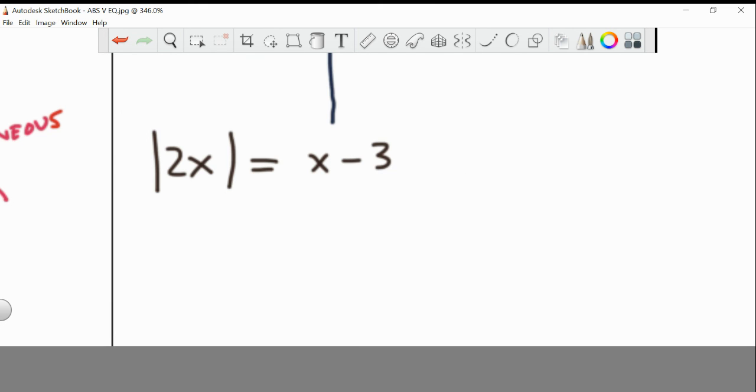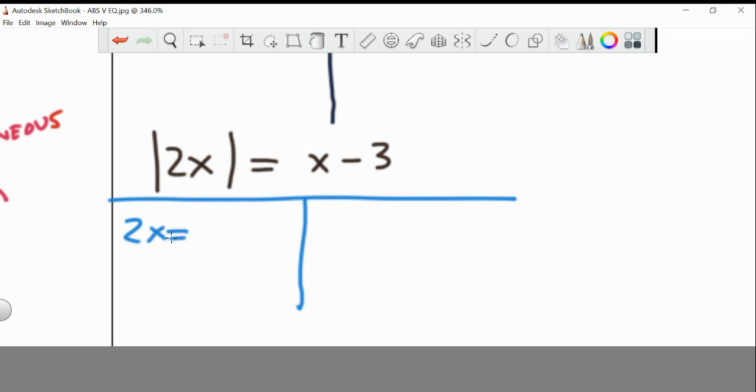Now, the reason I want to look at this is because we're already isolated. We can set up our two equations. I know it's going to be 2x equals x minus 3. But be careful over here. 2x is equal to, this stuff needs to be opposite. Okay? And that means the positive x is negative, and the negative 3 is positive.